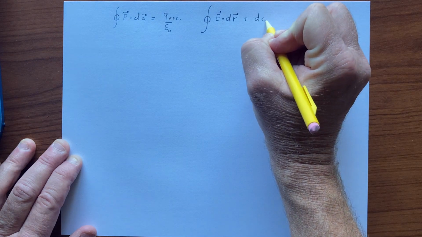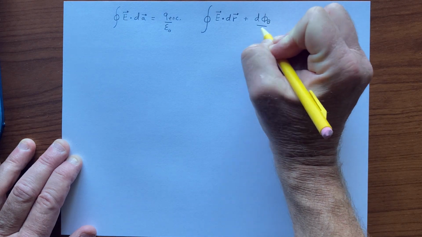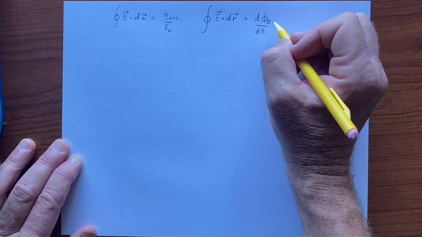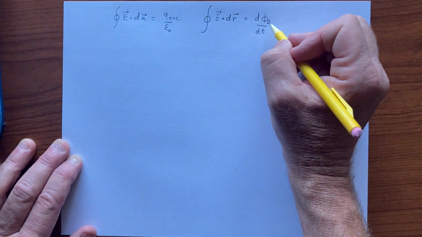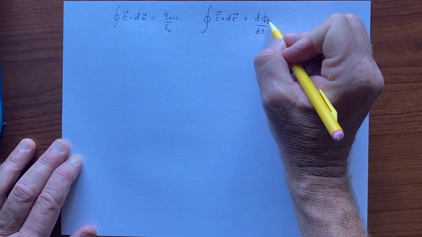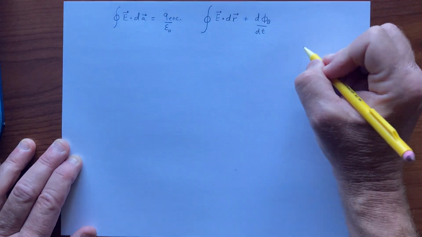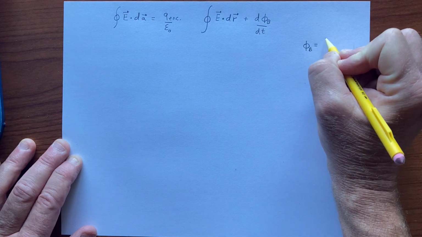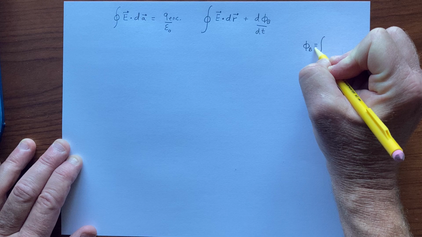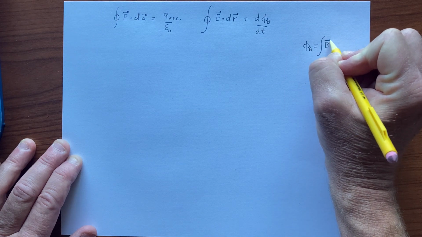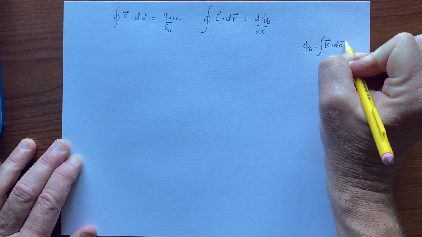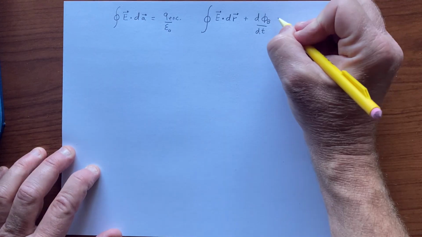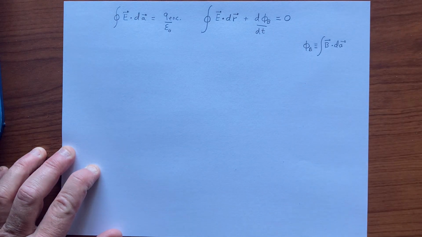then you eventually end up, at some point in the course, recognizing that if you have a changing magnetic flux, phi b, where phi b is, by definition, the integral of b dot dA, the magnetic field over a surface, then this is equal to minus d phi b by dt.